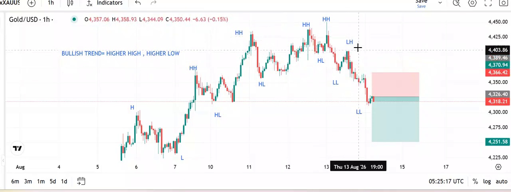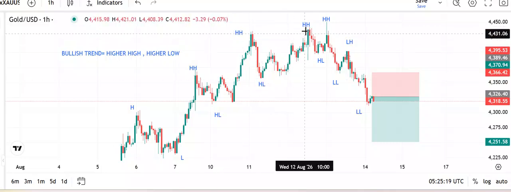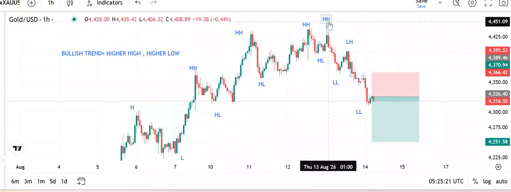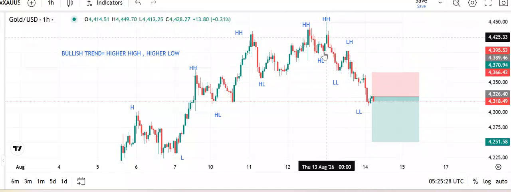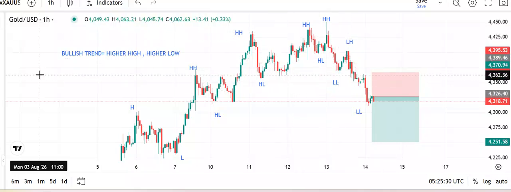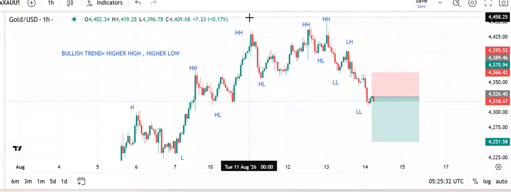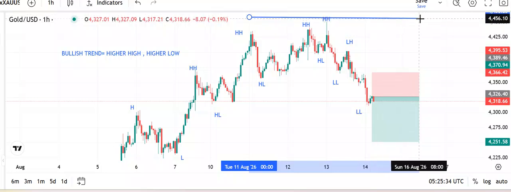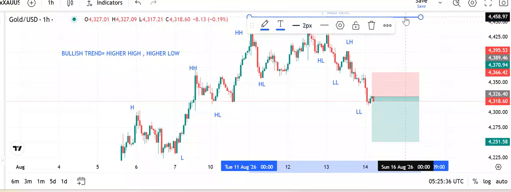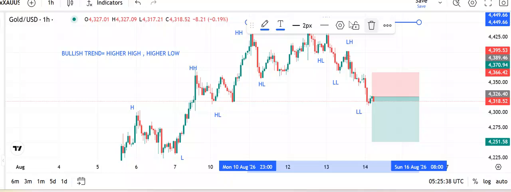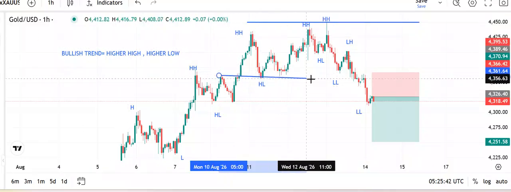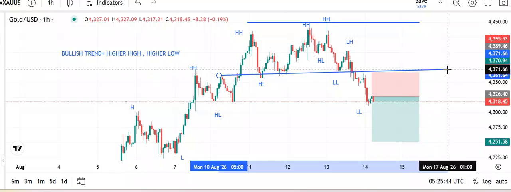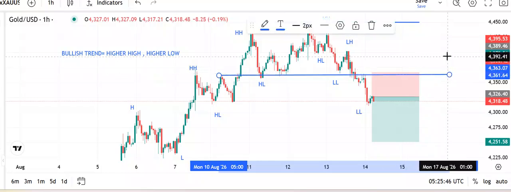That particular area where you have higher high, higher low, higher high, higher low, higher high, lower low, lower high, where you start to see higher high and lower low, that area is called range. So these are range. This is the area of range. Price has been ranging around here.